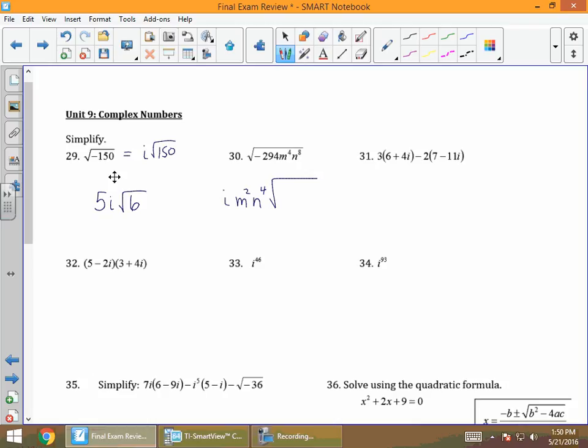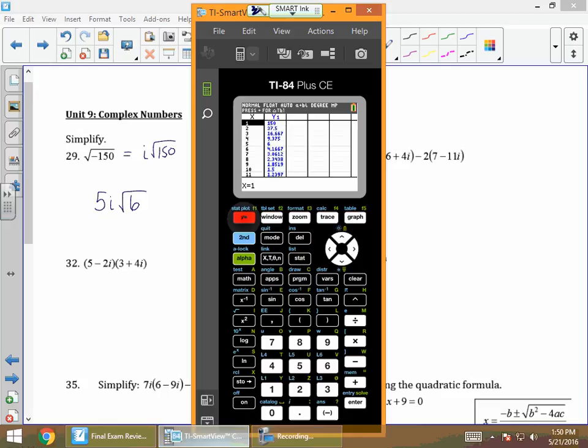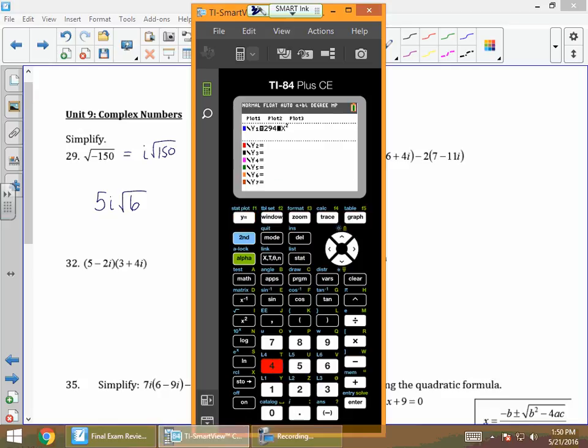So I'm just going to think about this as the square root of 294. So y equals 294 divided by x squared. Let's take a look at the table. As I look in that right column, I see a 6.